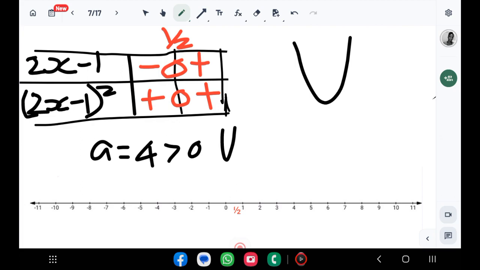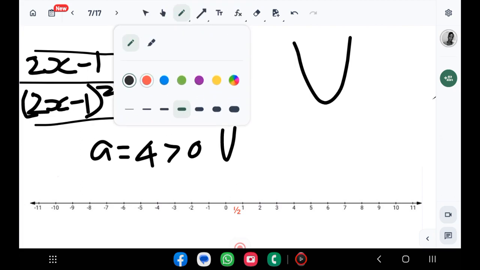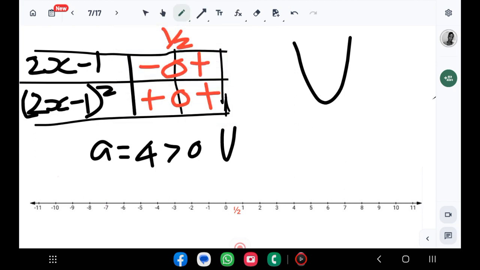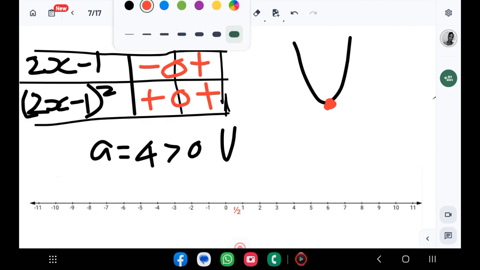All right. We only have one critical value, so that means that critical value basically, if you were to solve that equation, is where your root will be. That's just basically touching the x-axis.